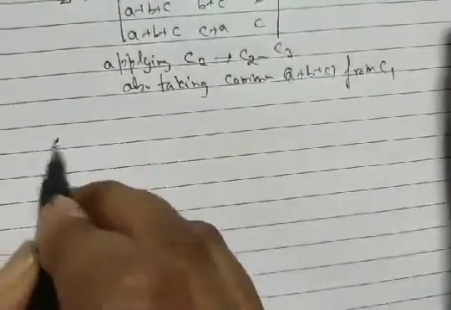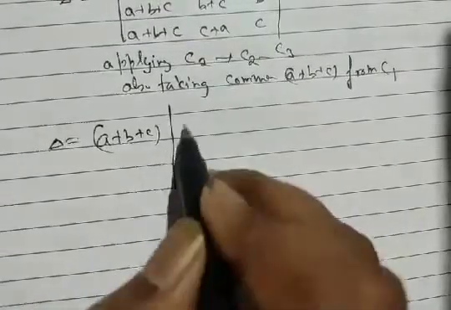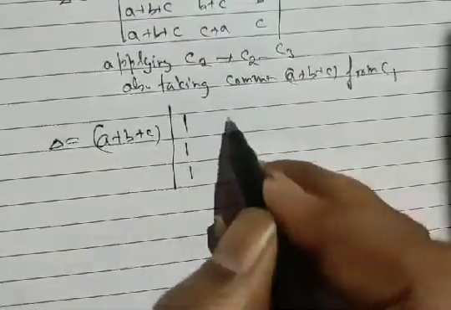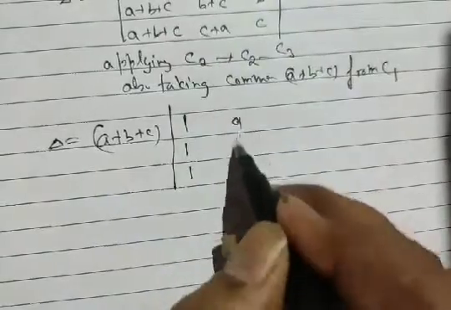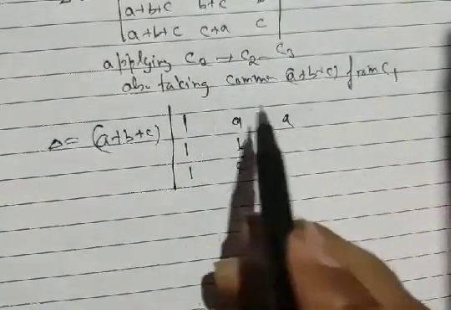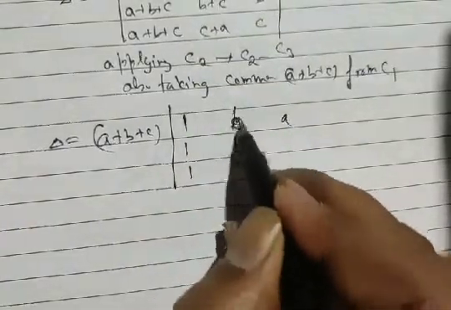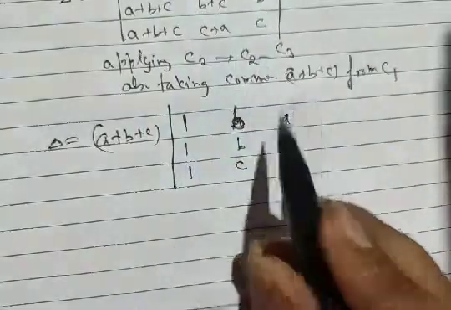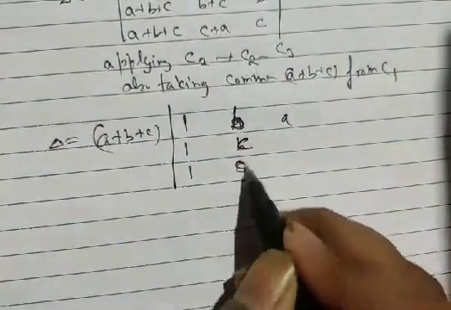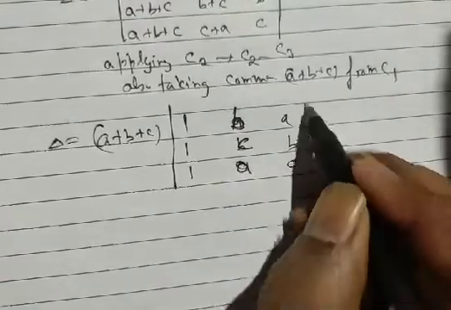Then we have delta equal to a plus b plus c common, with the first column 1, 1, 1. Applying c2 minus c3, a plus b minus a gives b, a plus b minus b gives a, and c plus a minus c gives a, so the remaining columns are b, c, a and a, b, c.